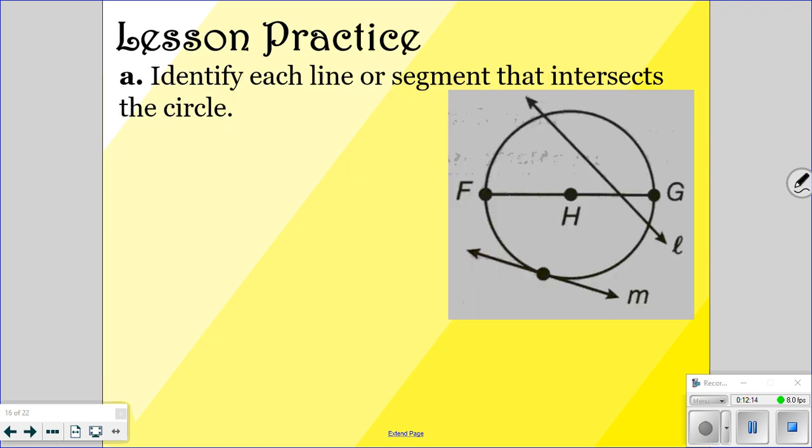All right, so let's look at this practice problem. Y'all see if y'all can identify the lines, and then we will go over it. So one line that they give us is this line M. This is a tangent line.